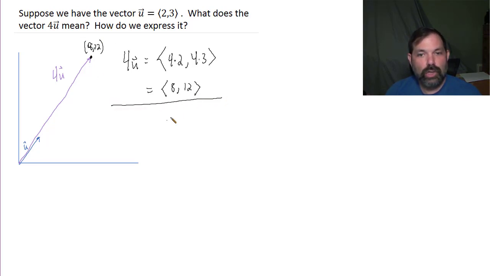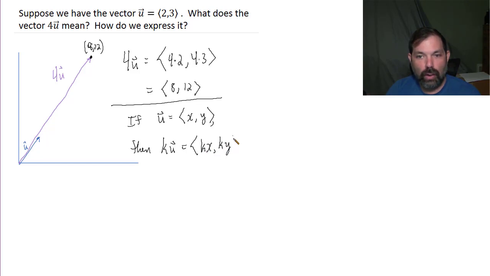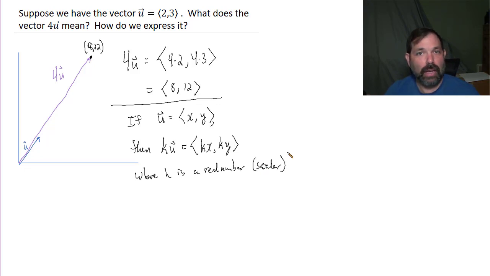And again, in general, if we have some vector u which is given as x, y, then k times u is equal to kx, ky, where k is a real number, a scalar, not another vector.